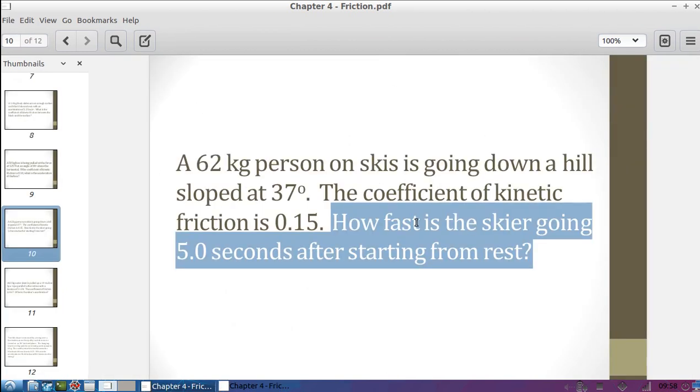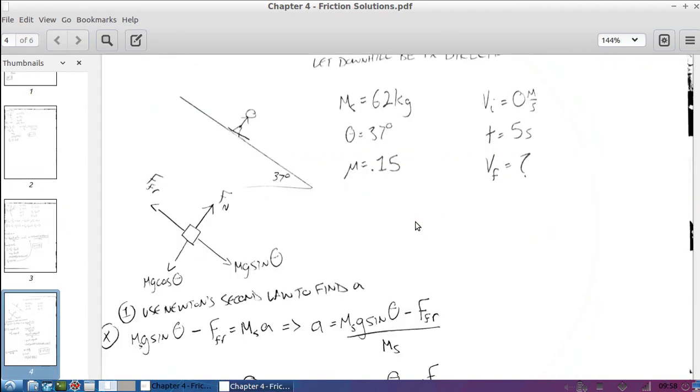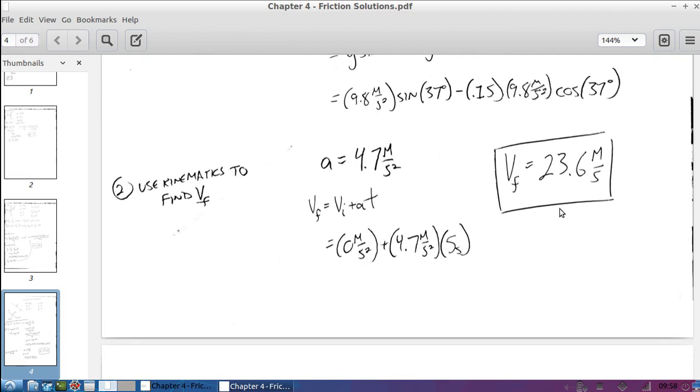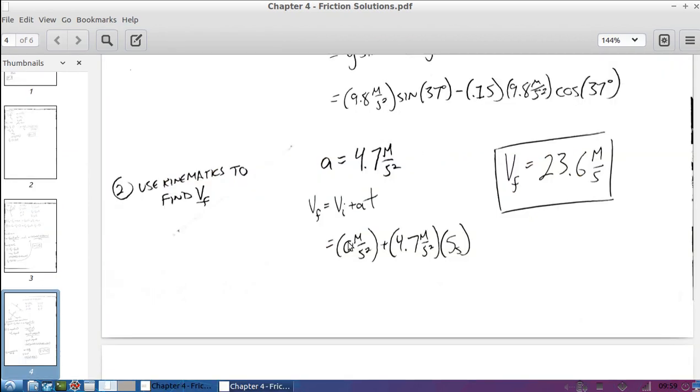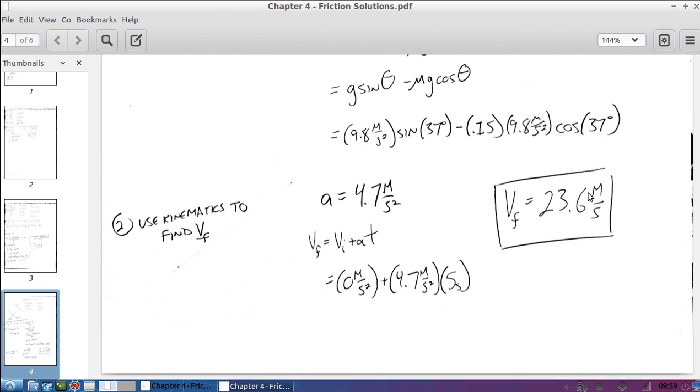It asks how fast the skier is going, so you're going to get a positive final velocity. Use this kinematics equation to look for v final. V final is v initial, oh that's right, starting from rest, so v initial is 0, plus a t. I've got a final velocity of 23.6 meters per second.